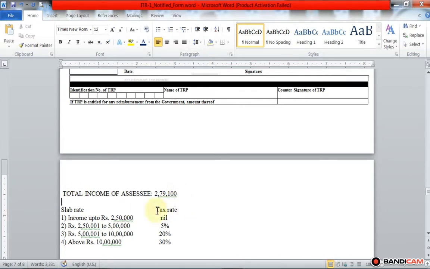Here, income up to 2,50,000 in the first slab, the tax is nil.